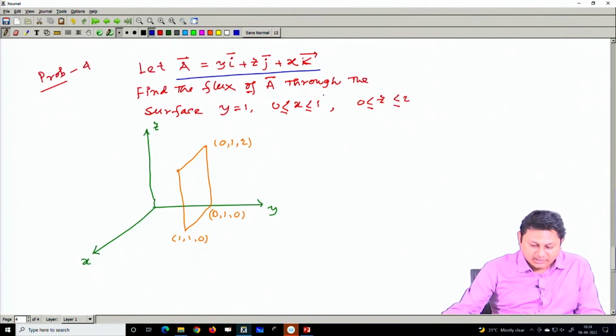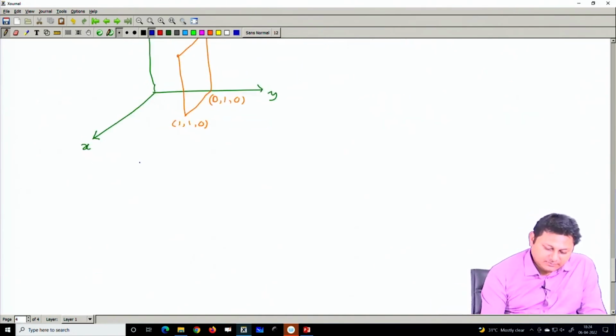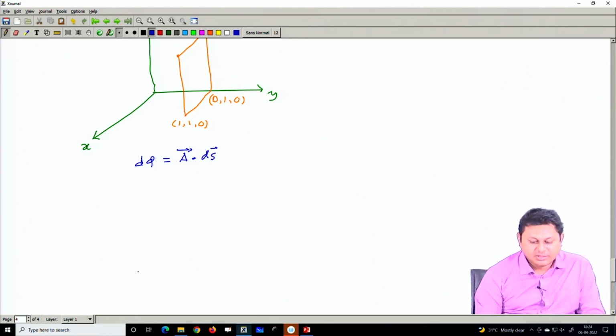By the way, what is flux? The flux d phi is A dot the elementary area.